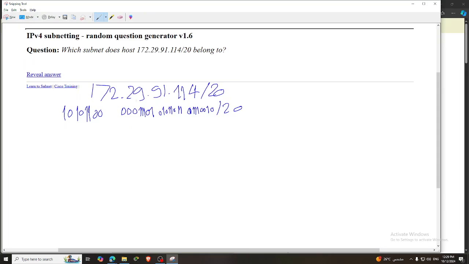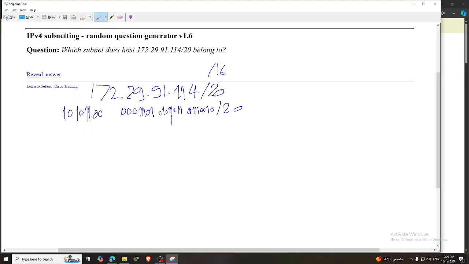/20. Actually, this address is a class B address, so it should be /16. However, this is a subnet, not a class B address. To know how many bits have been borrowed, we will subtract 16 from 20, so we will be left with 4. That means we have borrowed 4 host bits, which start from here: 1, 2, 3, 4.